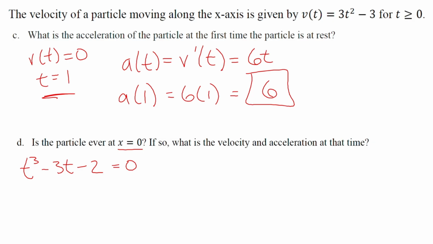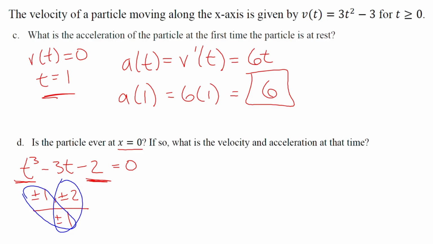The options, of course, come from the factors of the constant, positive or negative 1 and positive or negative 2, all divided by the factors of our leading coefficient of 1, so positive or negative 1. So our options of how this might factor nicely are 1 over 1 or negative 1 over 1, so either positive or negative 1, or the 2 over the 1, so positive or negative 2.